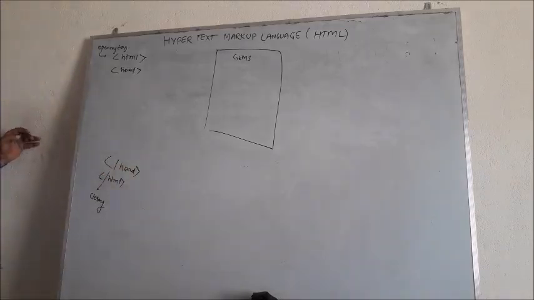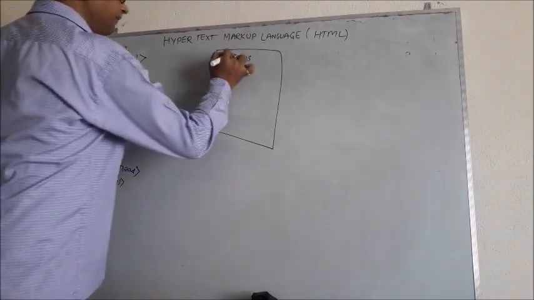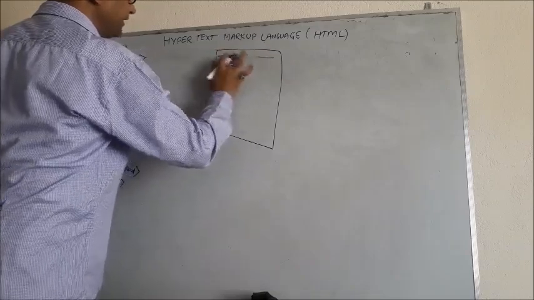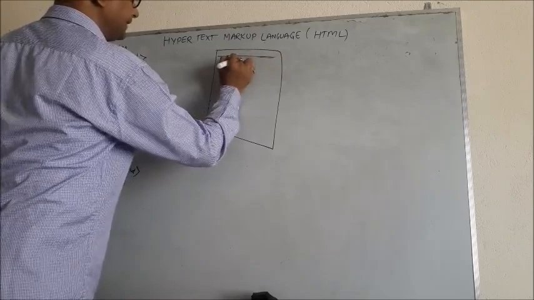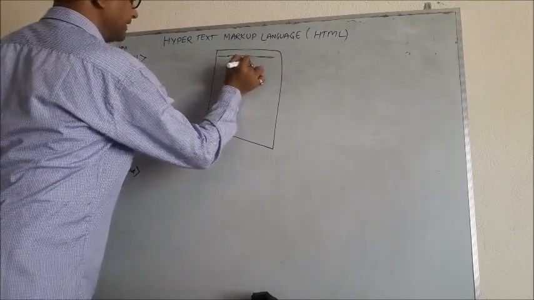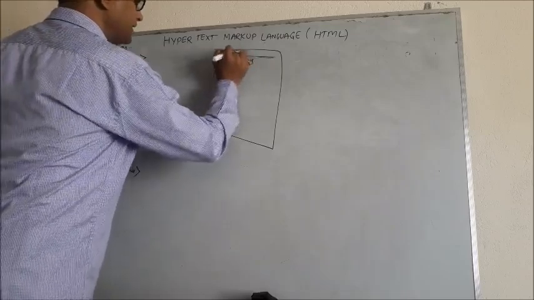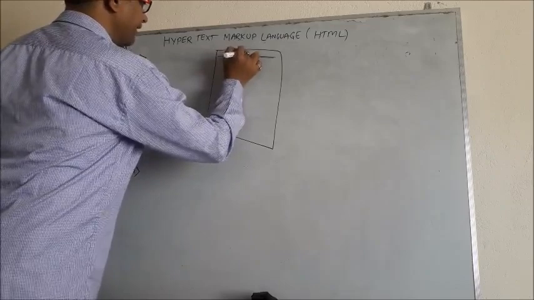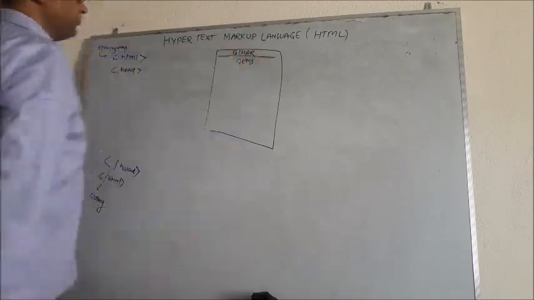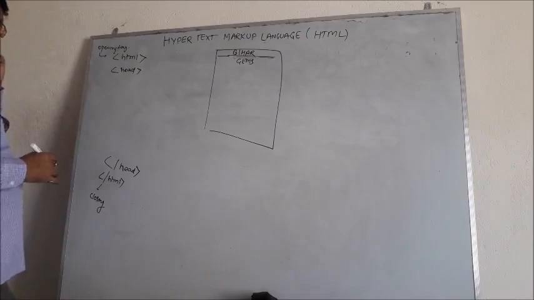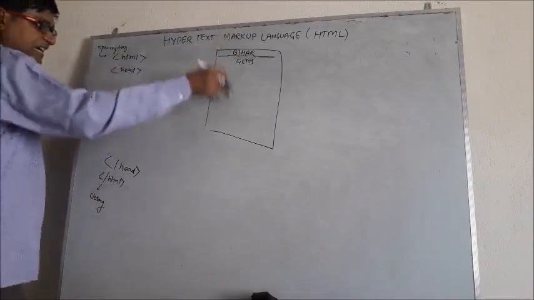Next, if you want to give the title of this one, suppose gems is given. In the title, suppose you want to write Bihar, right? If you want to give the title Bihar, how will it be written? You can write this Bihar because this is the title of your web page.